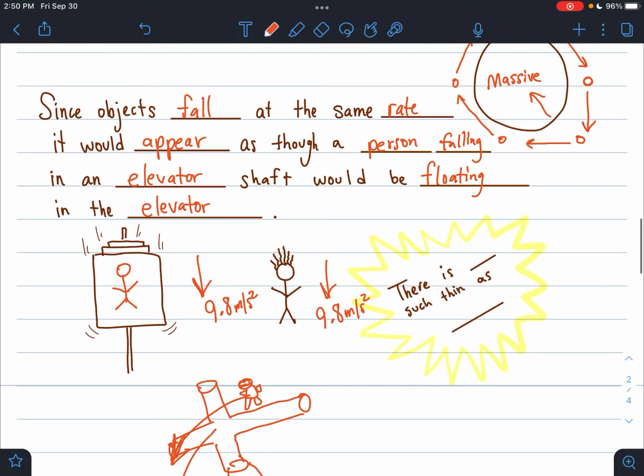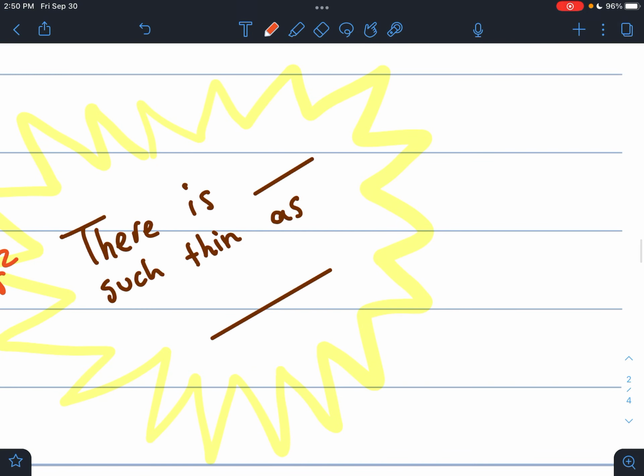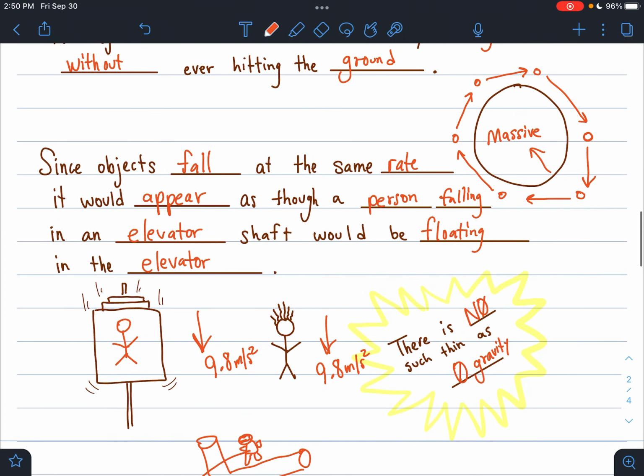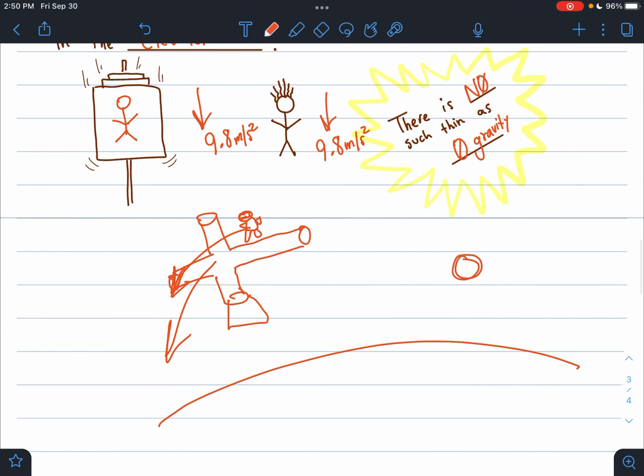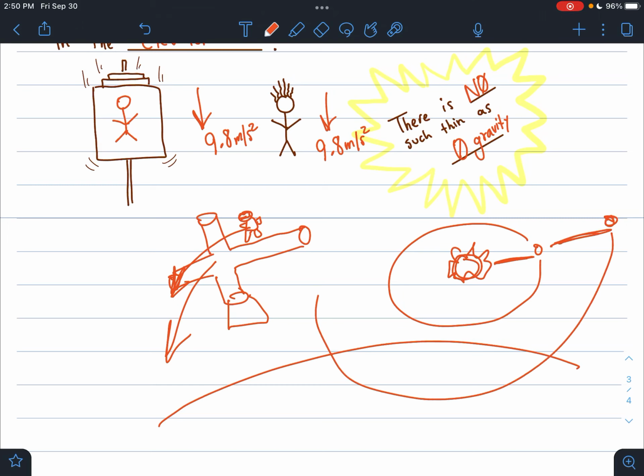So the reason I share this is because it's important to understand that there is no such thing as zero gravity or zero G. You see, because no matter what, anytime you're close to a massive object, there's going to be some gravity. The sun has gravity, and we know that because the Earth is orbiting the sun, so everywhere in between must have gravity. Even out at Neptune, it's orbiting the sun, so everything in between there must have gravity.